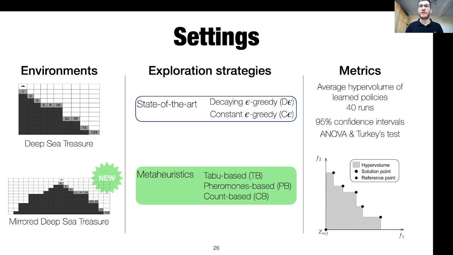If you want more details, you can always read the paper. For the metrics, we used the average hypervolume of the learned policies seen from the initial state. We average over 40 runs, with a 95% confidence interval, and also a statistical test to ensure everything is statistically significant.